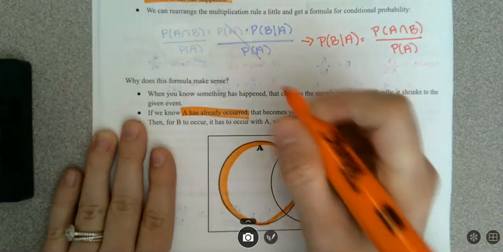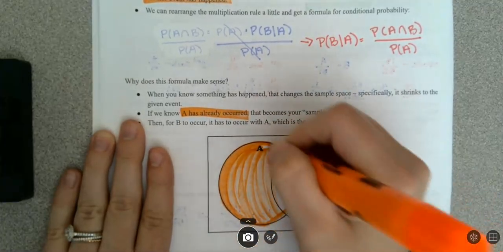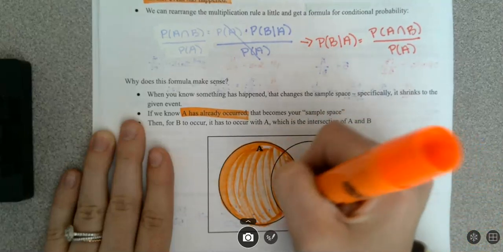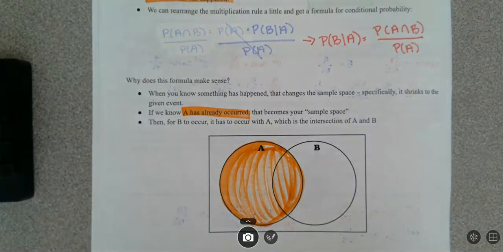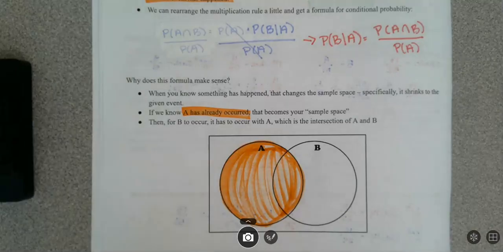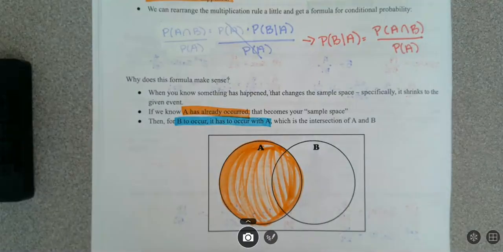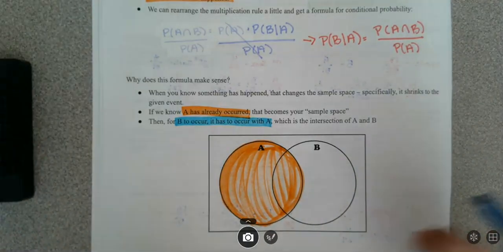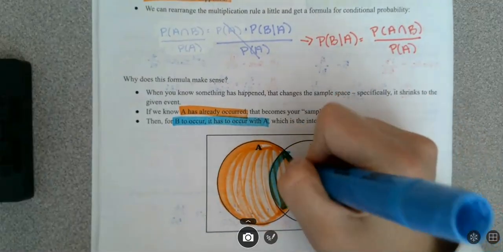Then for B to occur, it has to occur with A. That was the double shading we've been talking about. The only spot where B occurs with A is that intersection.